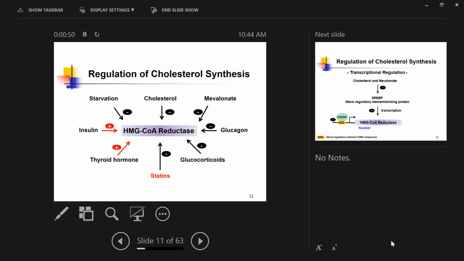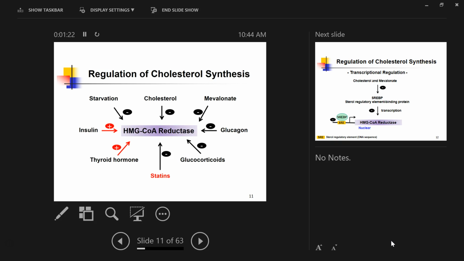Again, it involves many steps, reactions, and what you need to remember is what is the key enzyme for cholesterol synthesis. Do you guys still remember? HMG-CoA reductase, right? Reductase, and then how cholesterol synthesis is regulated, basically how HMG-CoA reductase is regulated.